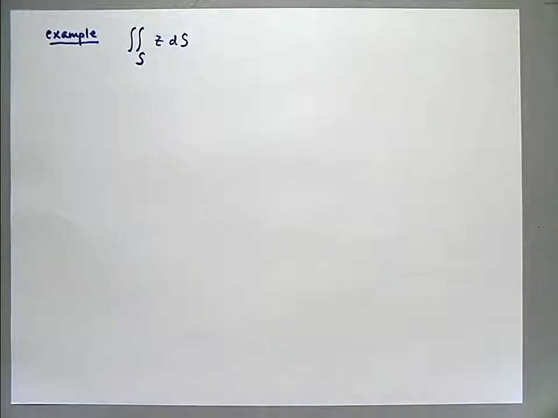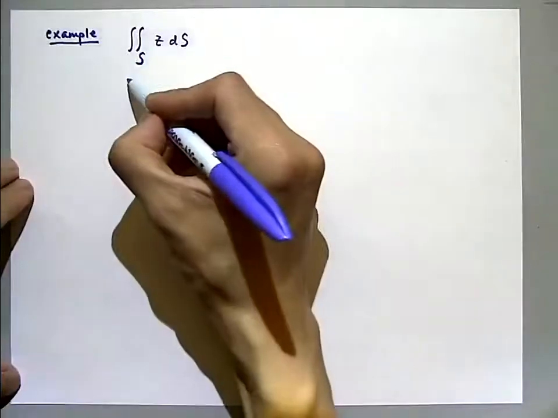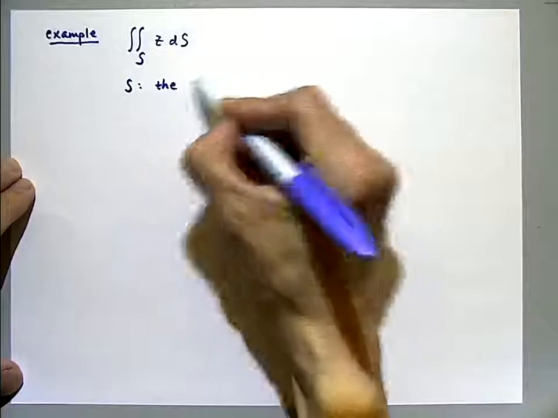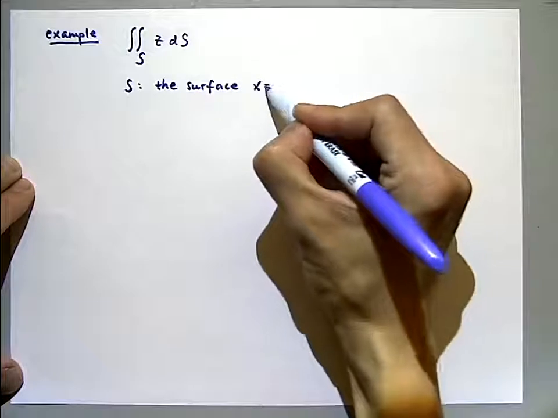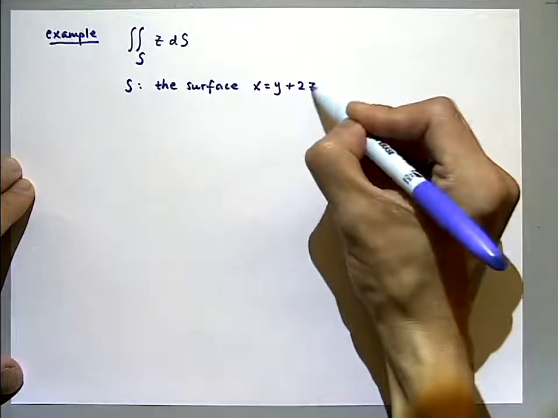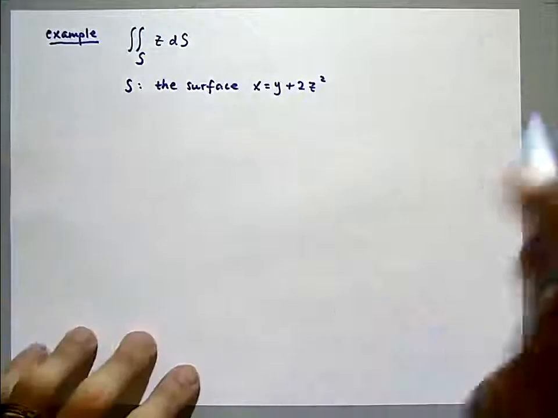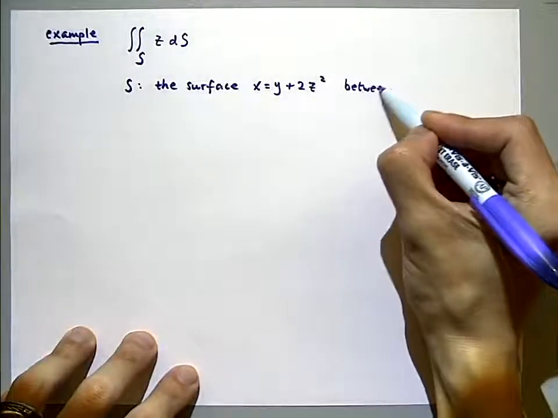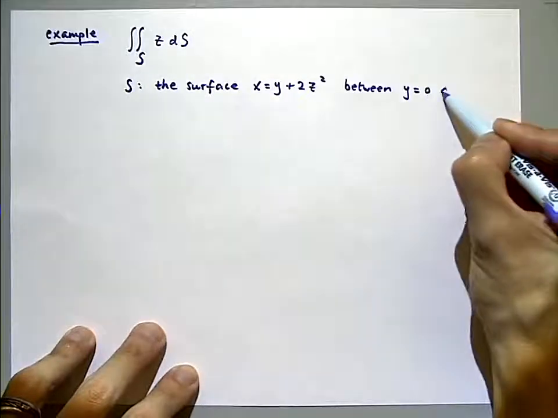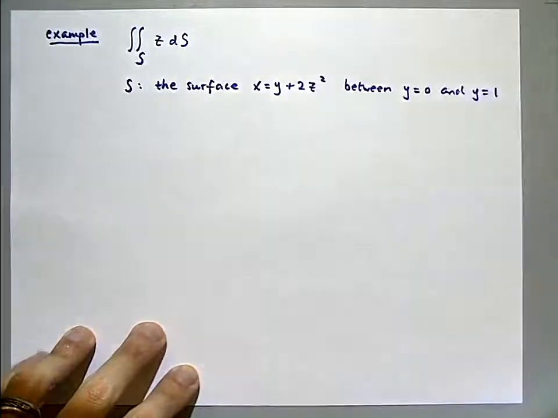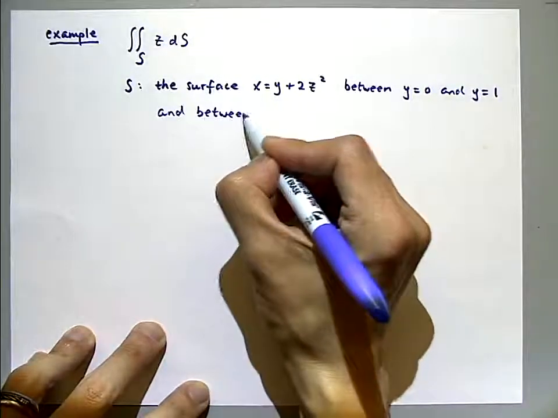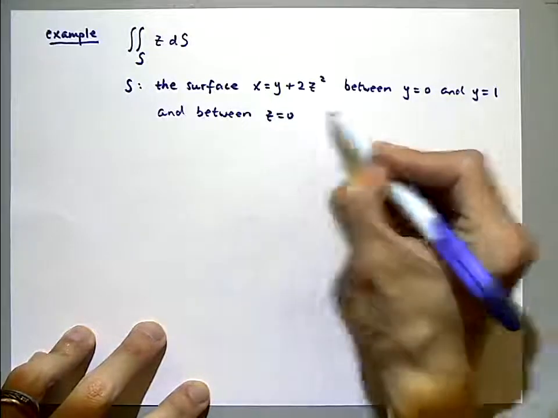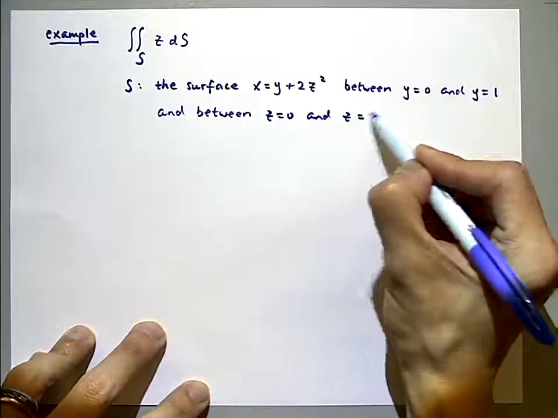Integrate z over dS, where S is the surface x is equal to y plus 2z squared, between y is equal to 0 and y is equal to 1, and between z is equal to 0 and z is equal to 1.